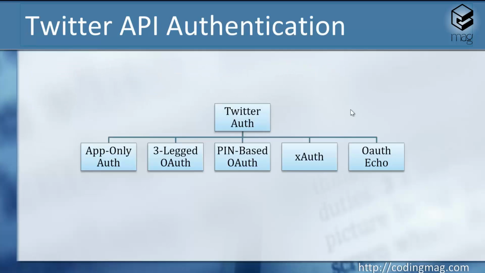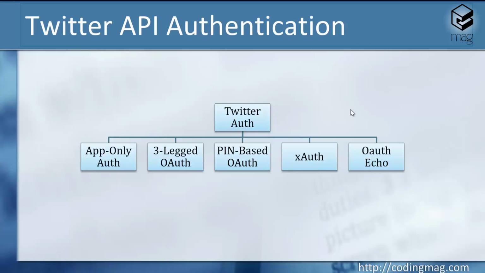So these are the available methods for authenticating with Twitter. The first thing you have to do is go and register with the Twitter developer site as a developer for Twitter, and then you will get some keys, like a key and a secret.